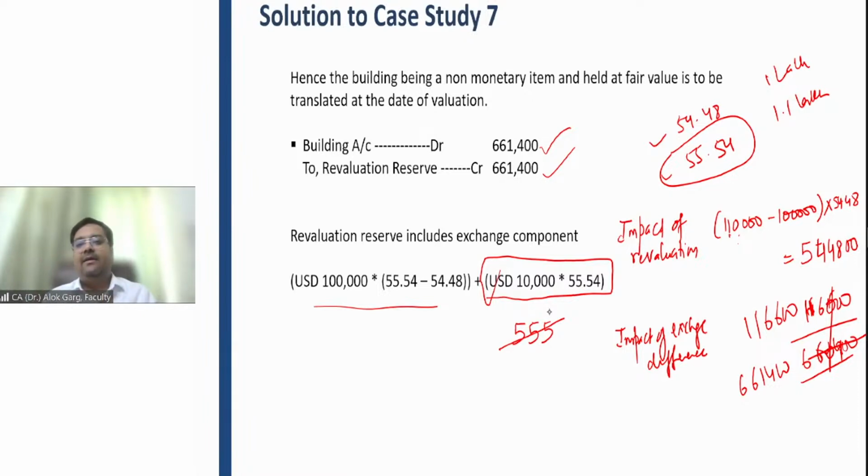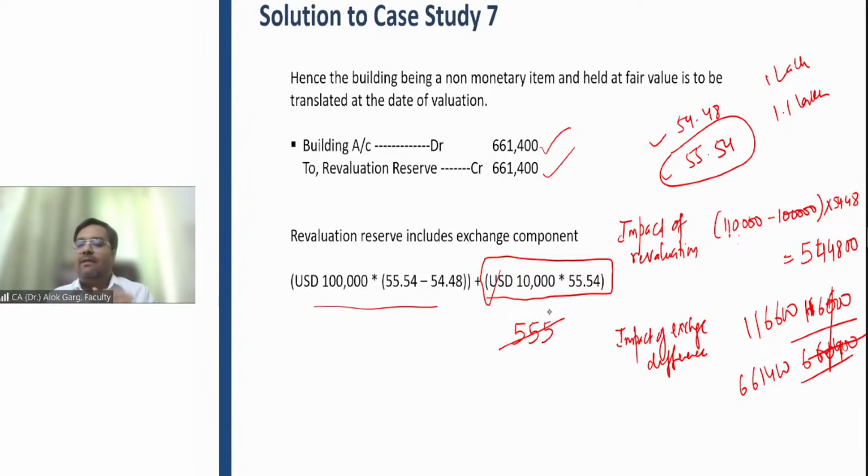In this case, we have opted for a revaluation model where the building has been restated from 1 lakh to 1.1 lakh. So we have computed this 1.1 lakh on the new rate. So 1.1 lakh multiplied by 55.54 minus 1 lakh multiplied by 54.48. The difference will go to the revaluation reserve in OCI and the building will be debited.